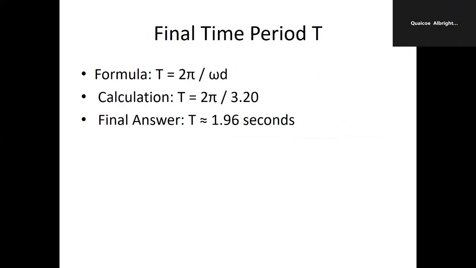Okay, so our final time period T is given as 2 pi over omega d. Computing, the period is equal to 2 pi over 3.20. Inputting these values into our calculator, we get our final time period T to be equal to 1.96 seconds.